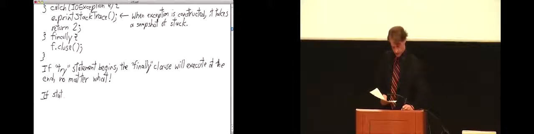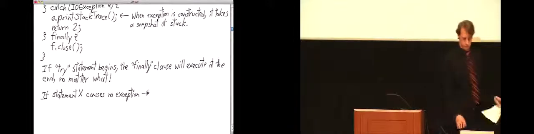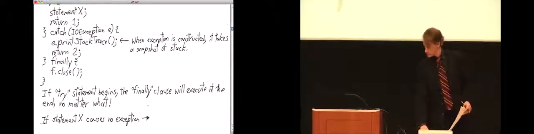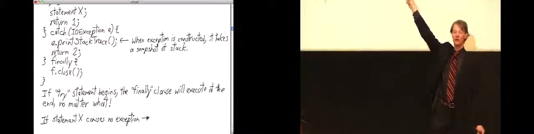So first of all, let's start with the simplest case. What if statement X does not cause an exception? What happens? Well, right after statement X, it says return 1.